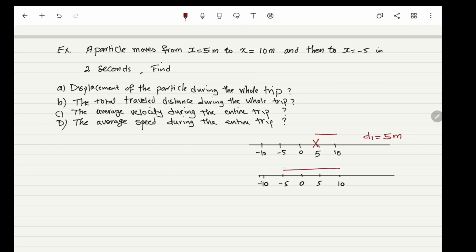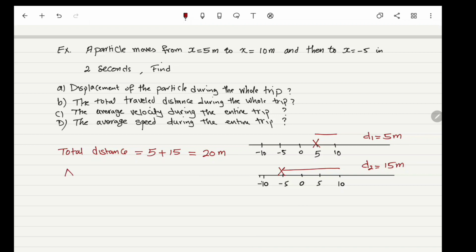So the final position is actually here. So the distance here is equal to 15 meters. Remember, distance is a positive number. It's not negative. Now, the total distance is equal to 5 plus 15, which in this case equals 20 meters.